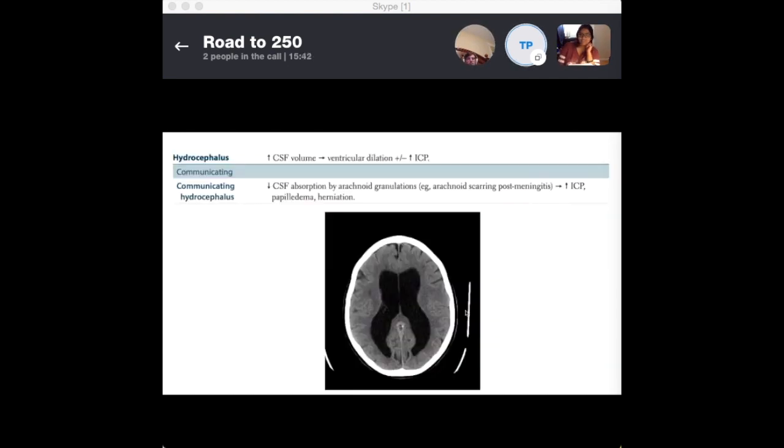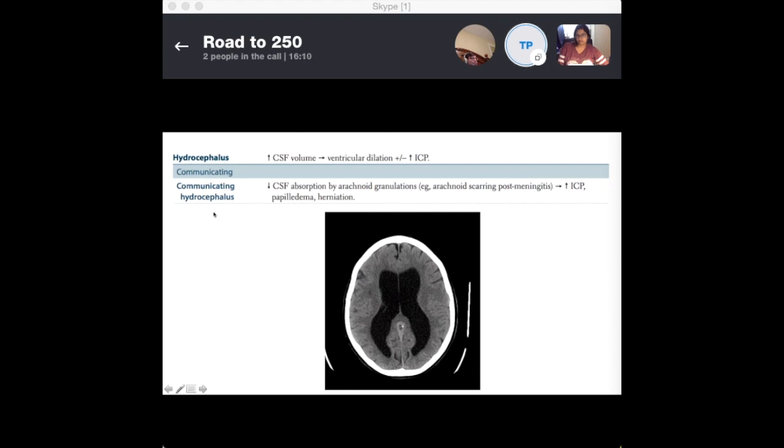Sorry. So hydrocephalus is essentially fluid accumulation in our brain, and it's specifically an increase in CSF and therefore intracranial pressure. As a result of increased CSF volume, we also get ventricular dilation. Hydrocephalus types are broken down into communicating and non-communicating.